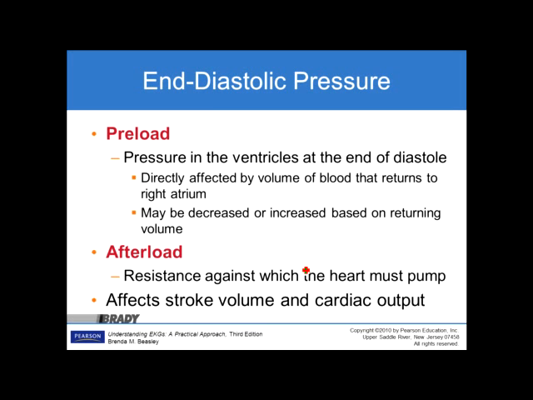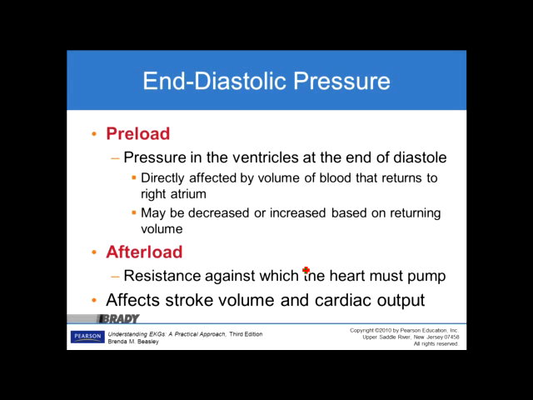The preload pressure is the amount of fluid that enters into the heart on the right side. So the preload amount is directly related to the amount of fluid returning to the heart. This is also why whenever we give a fluid bolus, we pump it in on the venous side.